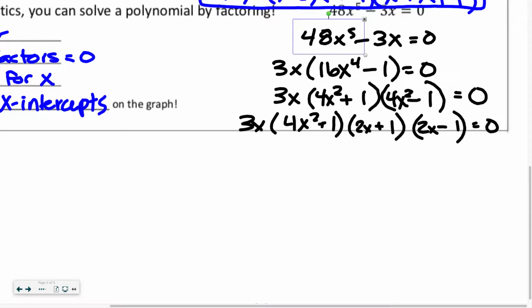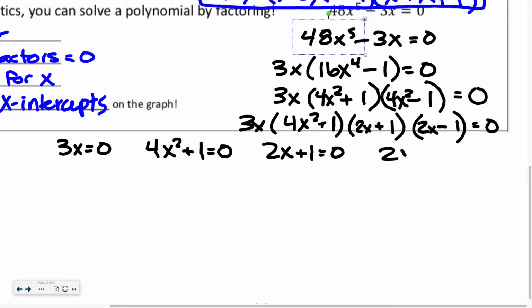There's step 1. Now we're going to set all of our factors equal to 0. So 3x equals 0, 4x squared plus 1 equals 0, 2x plus 1 equals 0, and 2x minus 1 equals 0.